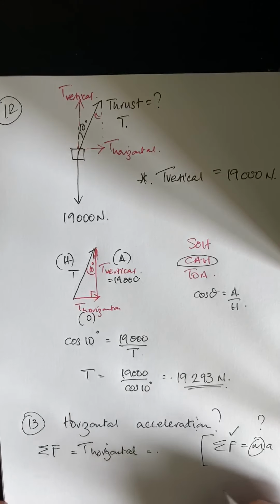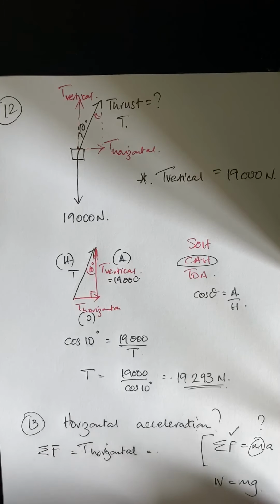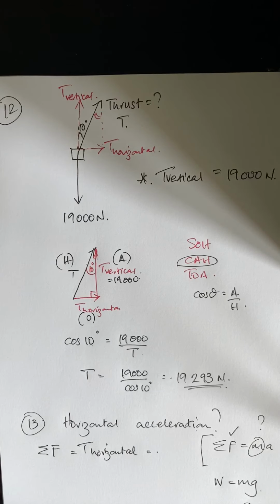Well, we know the weight, and we know W equals mg, where g is 9.81. So don't worry too much about that one. Have a go at it, and you can see it in the answers.